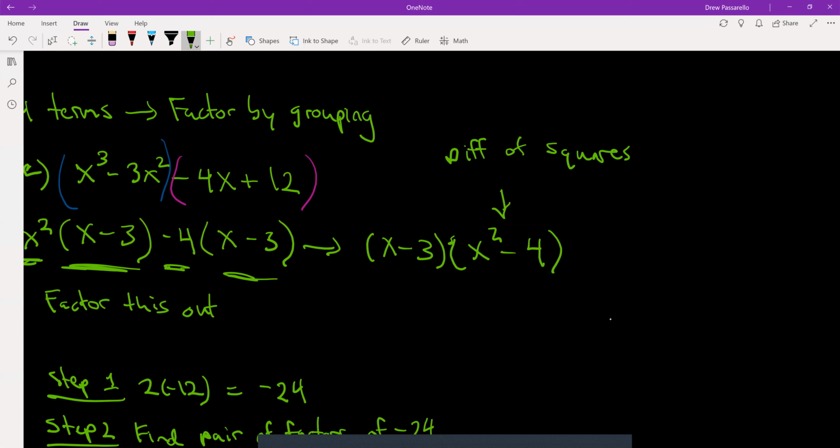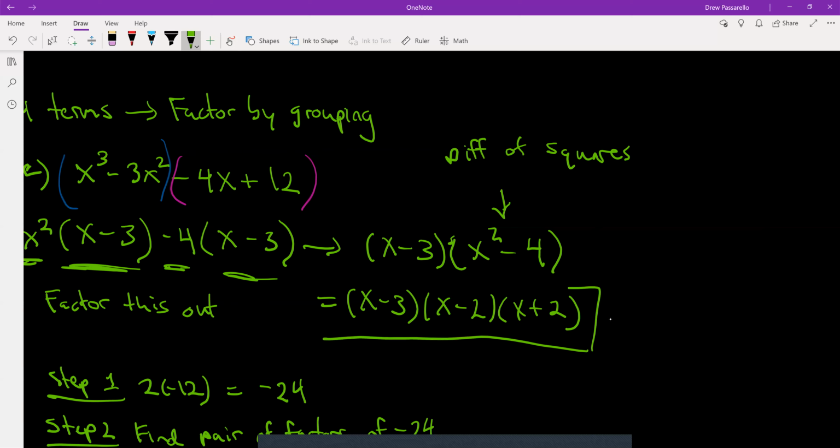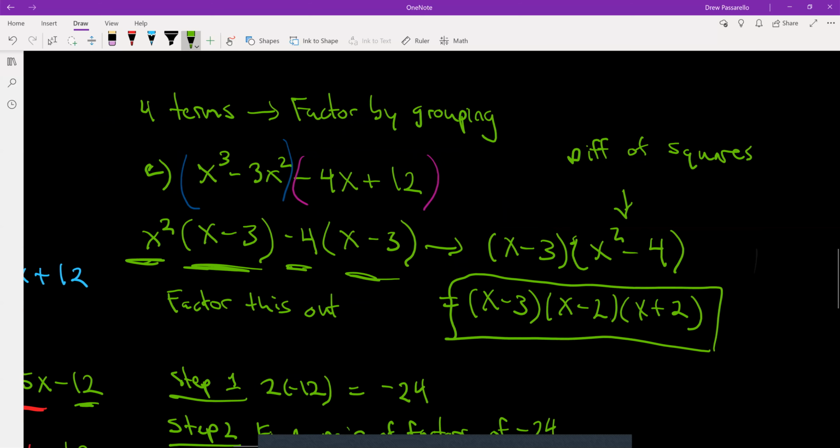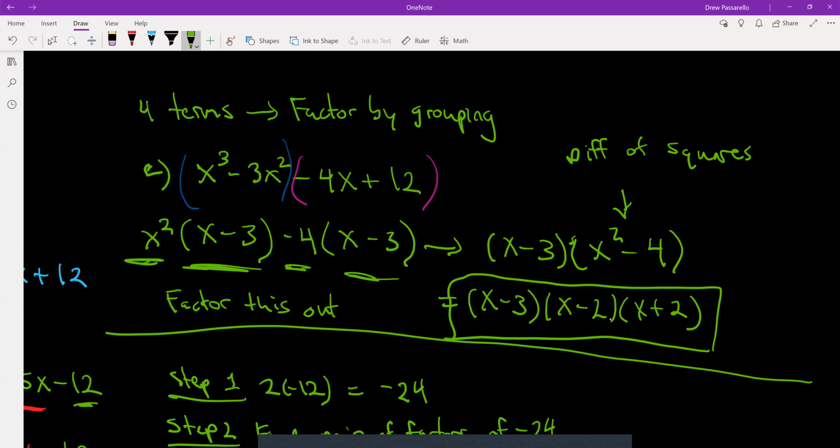So I have x minus 3, and then this turns into x minus 2 times x plus 2 after I apply the difference of squares technique. So this will be my answer. All right, so that's number 2.